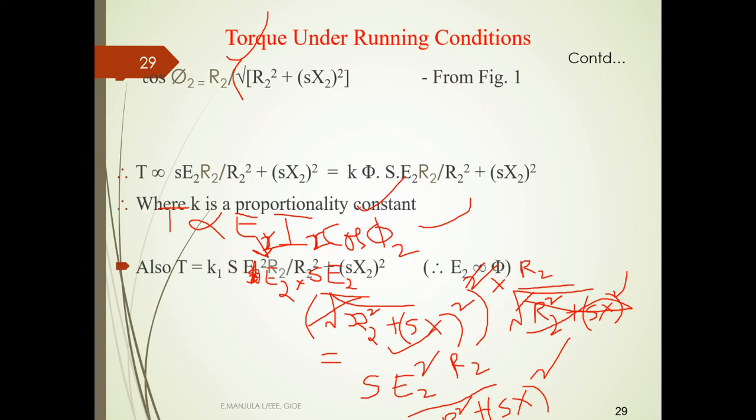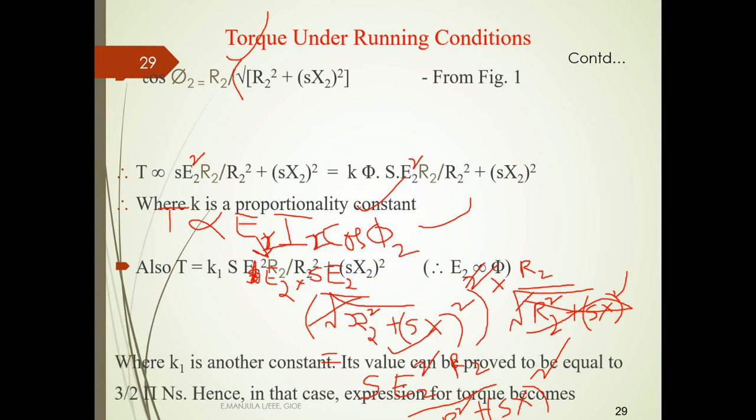Where K is a proportionality constant, so we have taken T is equal to K S into E2 square R2 divided by R2 square plus Sx2 whole square. We know that E2 is directly proportional to phi, where K1 is another constant, whose value can be proved to be equal to 3 by 2 pi ns.